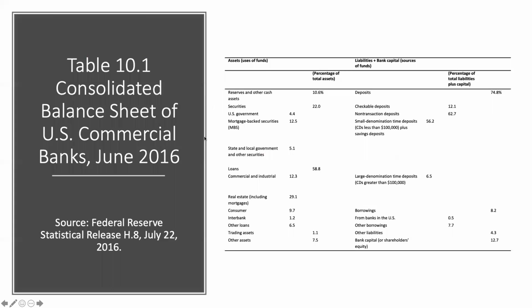So on the left side of the balance sheet, we list all the assets that the bank owns, right? These are, as I said, an asset is anything where you have a financial claim on somebody else for payment.